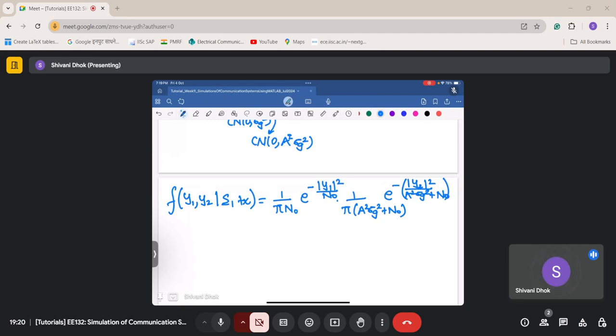Okay, now second part. Suppose S2 equal to A0 is transmitted.